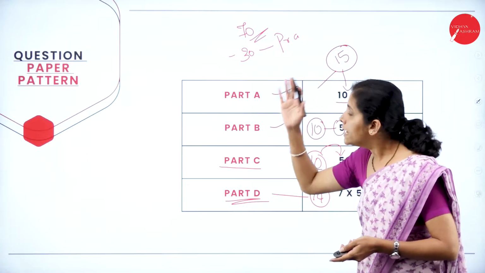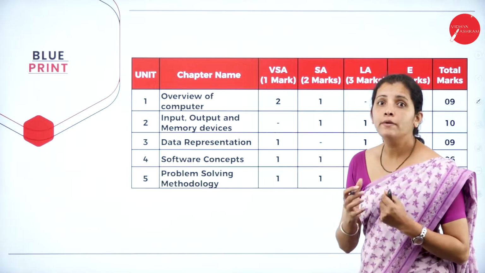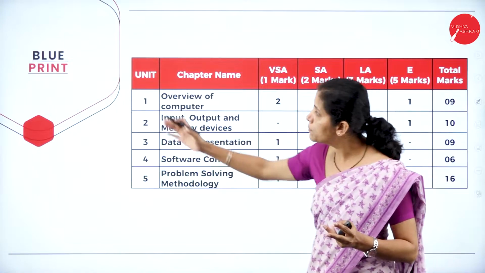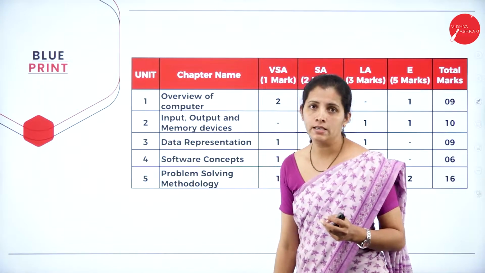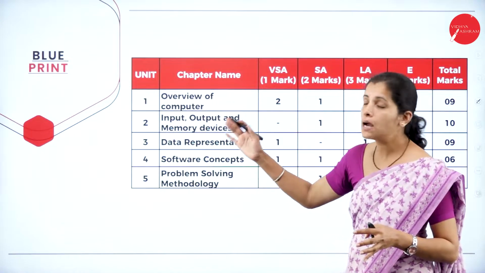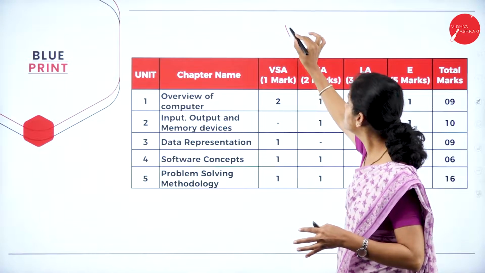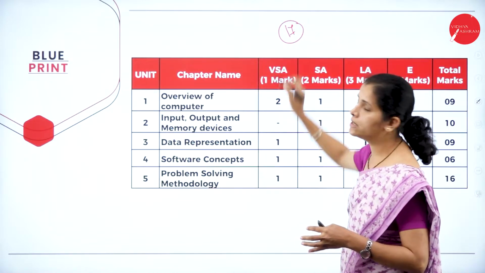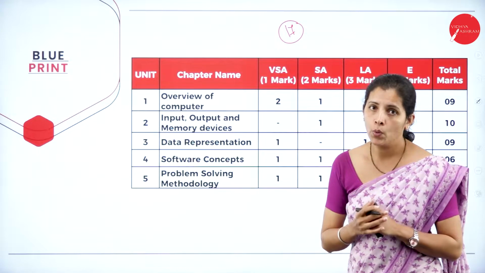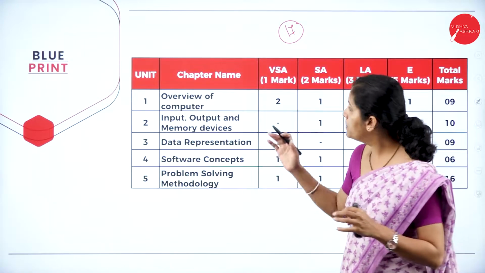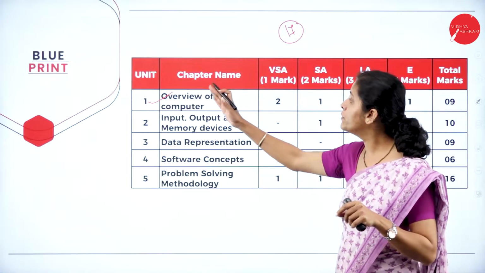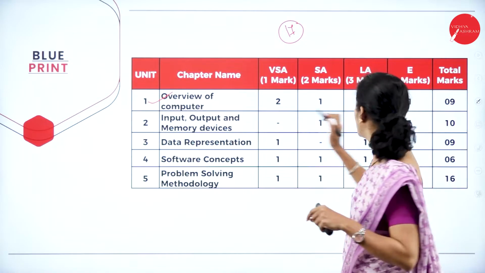Let me explain the weightage of each chapter. So here I am going to have the blueprint. Now, if I consider the computer science subject, I am going to have 70 chapters, and each chapter has its own weightage. At the beginning, I am going to have the first chapter, that is overview of computer, and what is the weightage?